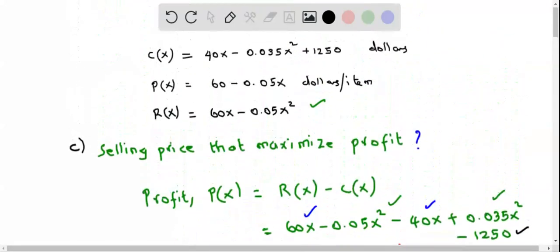This means we can find the corresponding selling price. To find it, we have to plug x equal to 667 into the demand function.